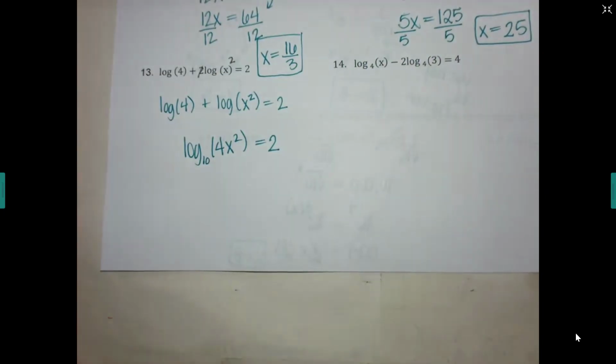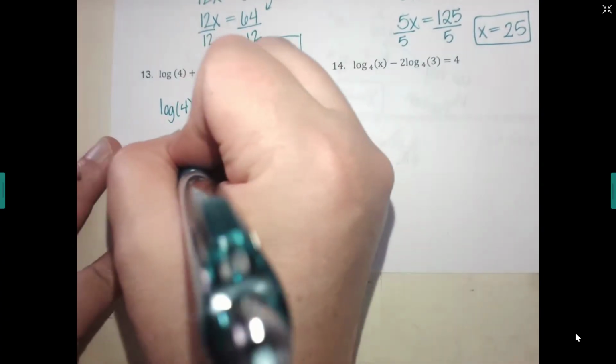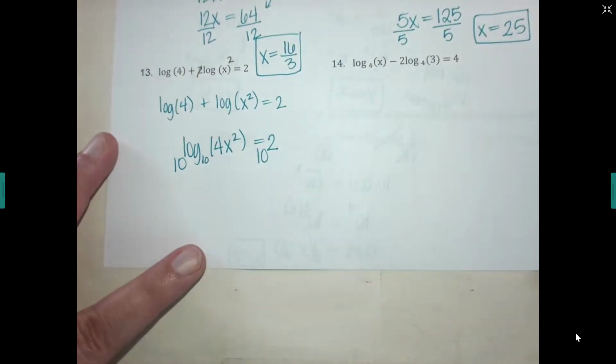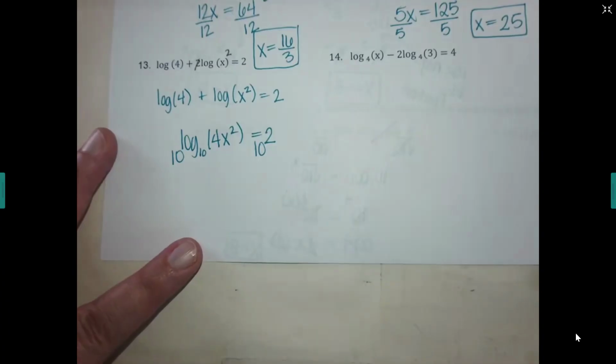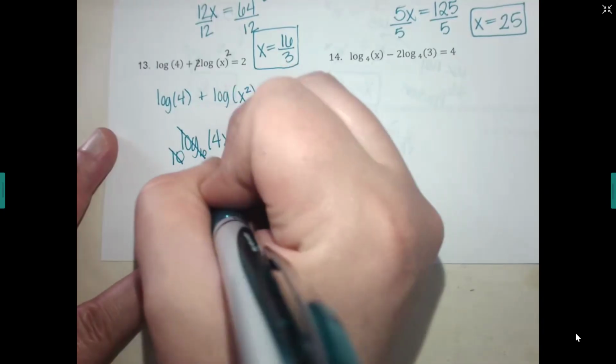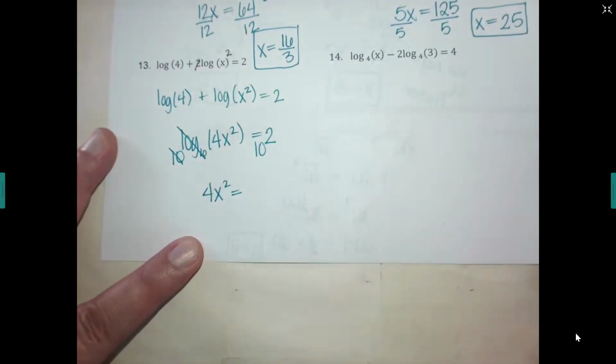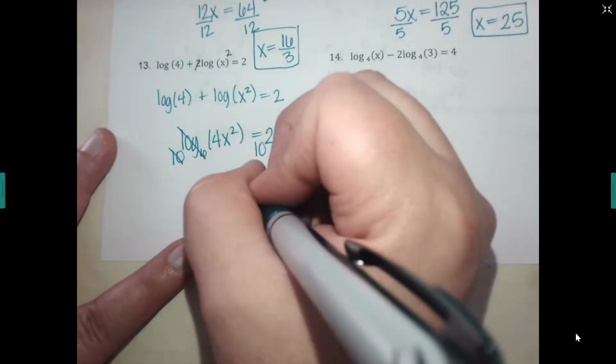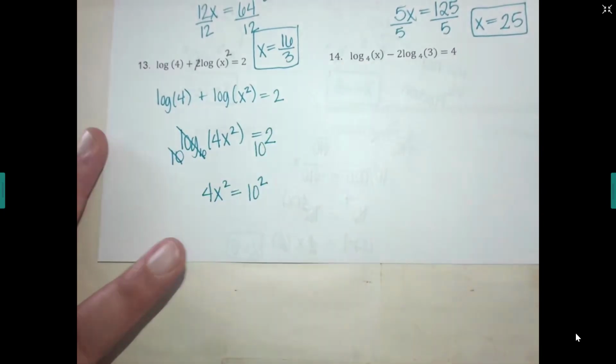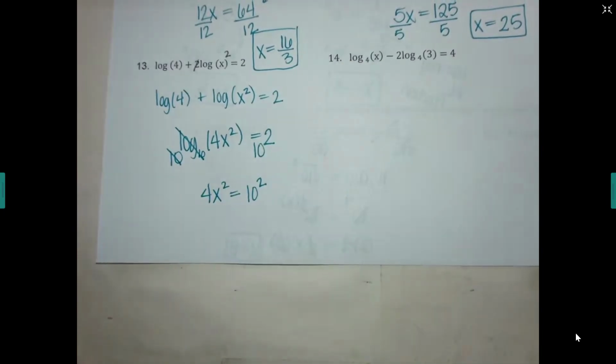How do we get rid of a little 10? We do a big 10. And then my big 10 on my log little 10 will cross out. I have 4x squared equals, and then 10 squared, but because I want my x to be just a regular x, I want 10 squared back to a regular number, which is 100. And then you'll just keep solving from there.